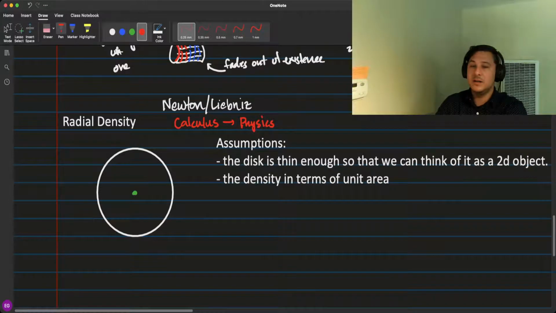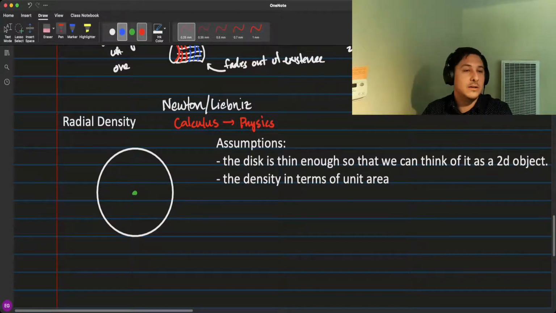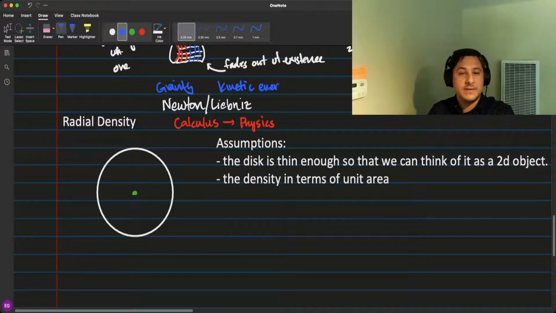So, like, Newton was famous for, in classical mechanics, gravity and that sort of thing. Leibniz did a lot of work with kinetic energy. I was a physics major. Not a physics major, a philosophy major. And I remember actually reading some of the papers that he wrote, trying to justify, does anyone remember the formula for kinetic energy?